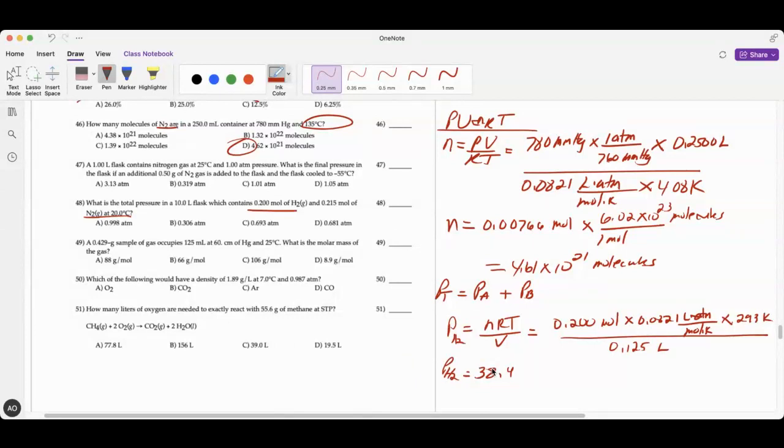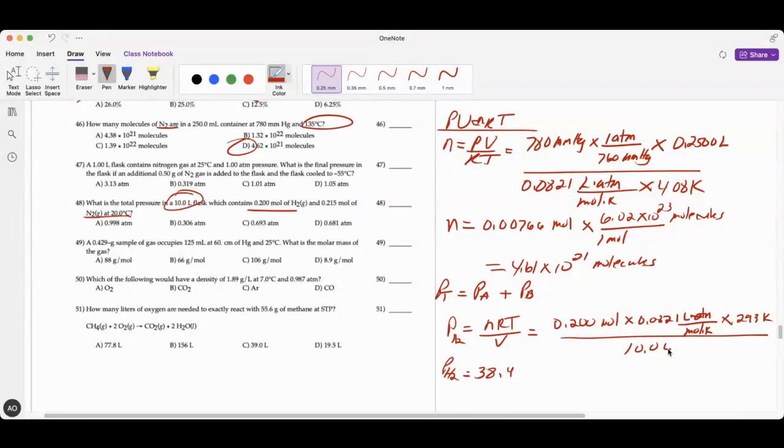Oh, it's 10 liters. I was reading the problem underneath it. Okay, 10 liters.